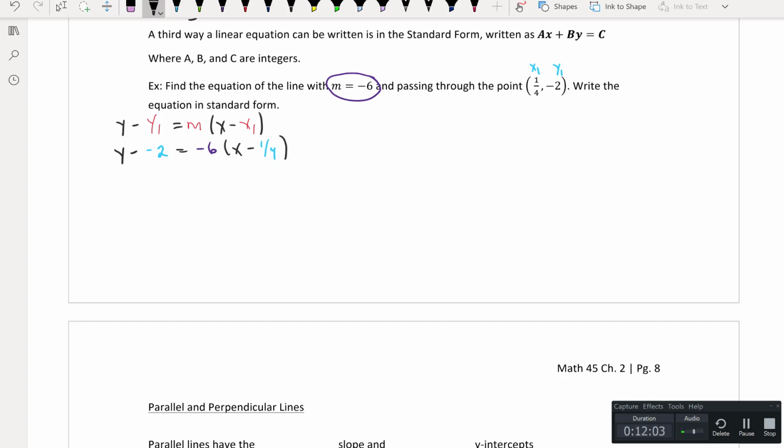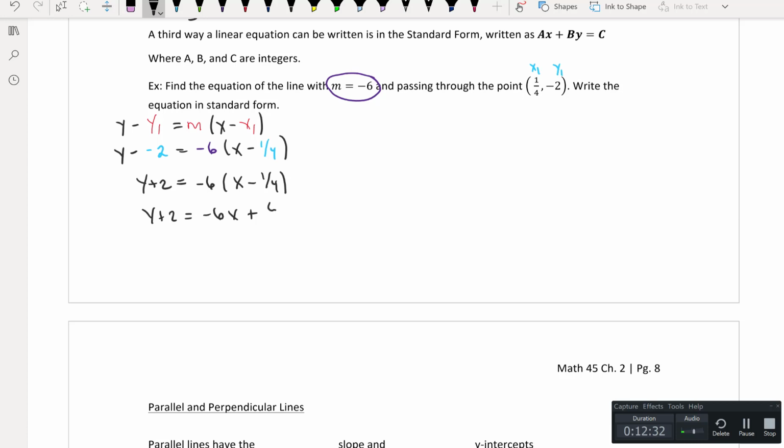So when I simplify this a bit, I'm going to have y plus 2, since subtracting a negative turns into addition. And I have x minus my 1/4. So to distribute that -6 would be -6x, and a negative times a negative would be a positive. So here, if I were to multiply 6 times 1/4, well, you can think about it as numerator times numerator and denominator times denominator.